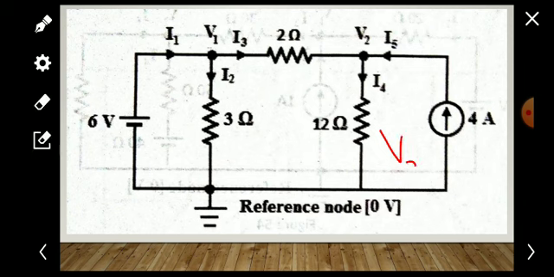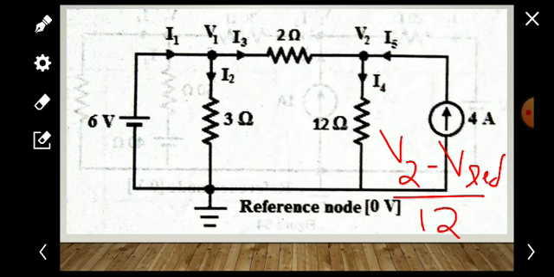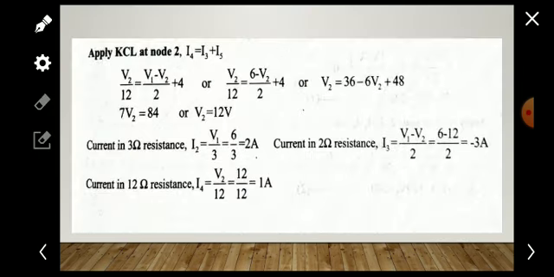The V reference value is 0, so we can write I4 as V2 by 12.